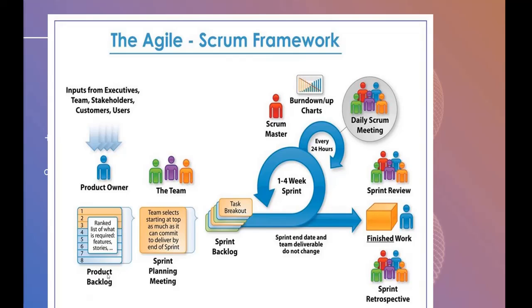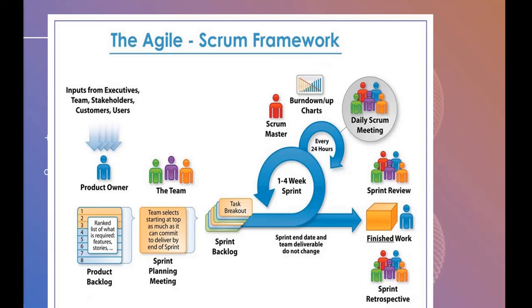Then sprint planning comes after the product backlog. Product backlog is the list of the requirements, and the team, Scrum Master and the developers, come and take the higher priority tasks and then make a plan how to accomplish them.